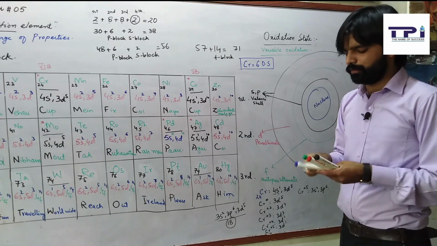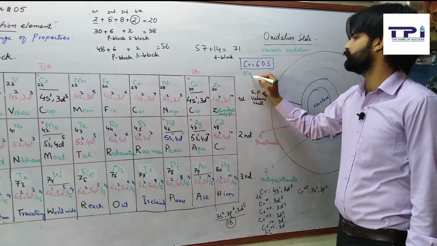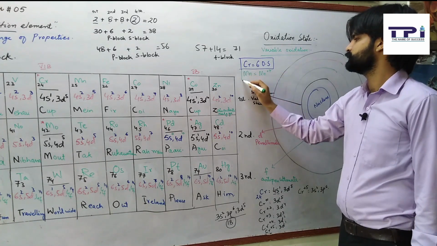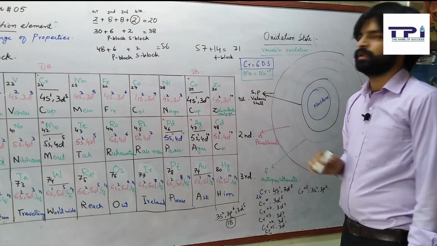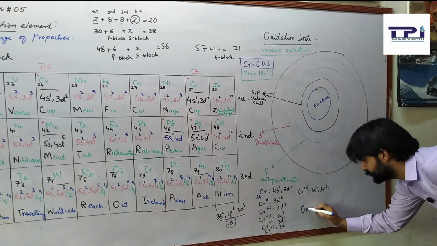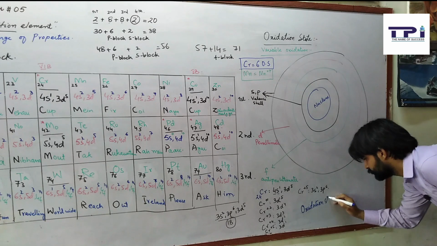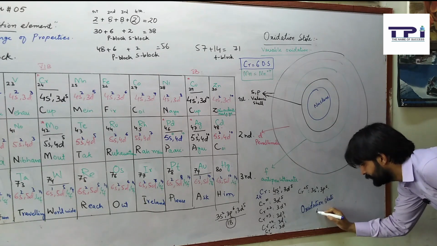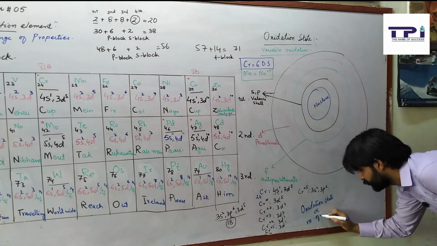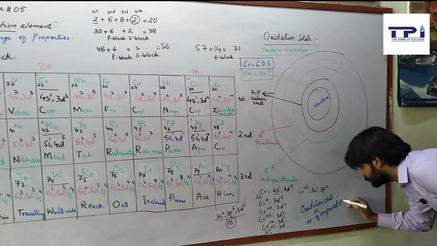And you also have to memorize the highest oxidation state is present in manganese as Mn plus 7. This oxidation state depends upon the number of unpaired electrons.